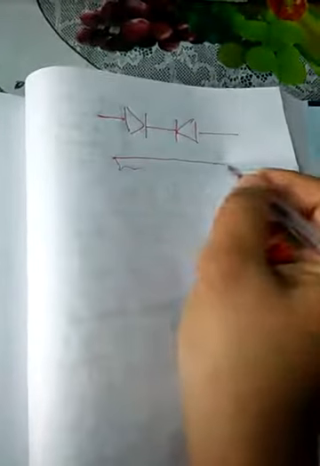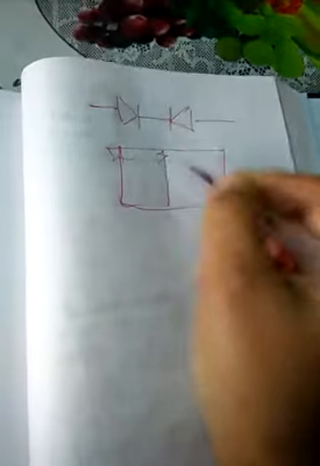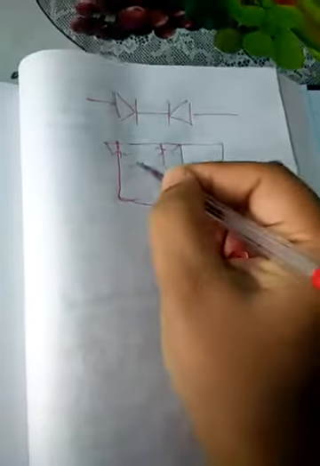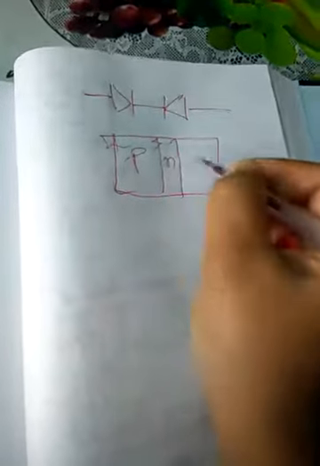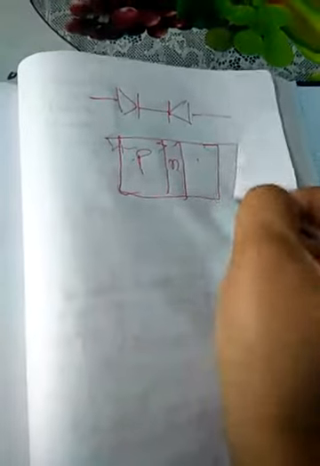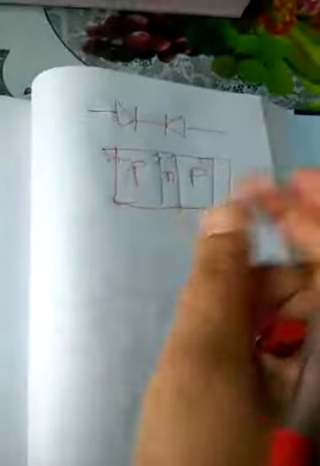No, it is not possible. We have to make the transistor in a particular way: P type, N type, and then this slightly wider P type again. The N type has to be sandwiched in between, and it should not be connected externally.